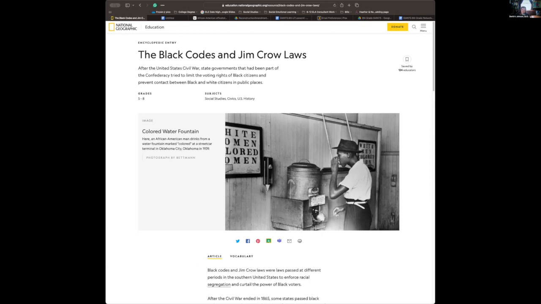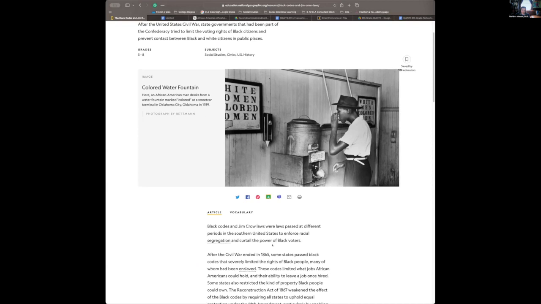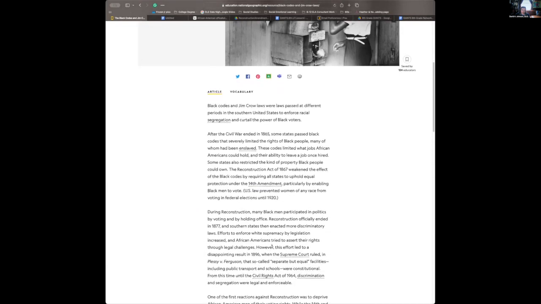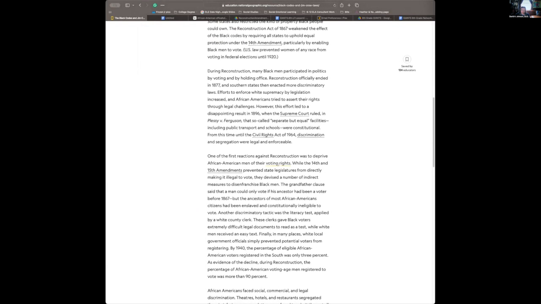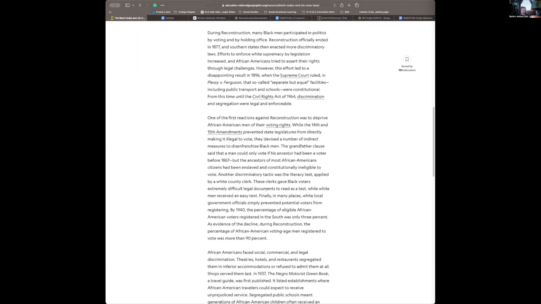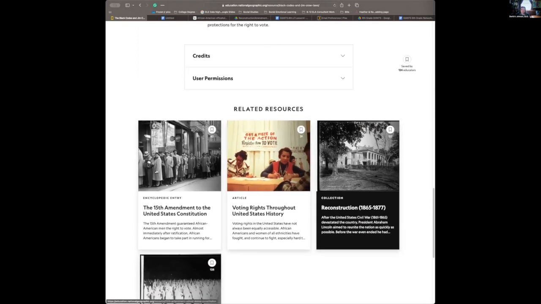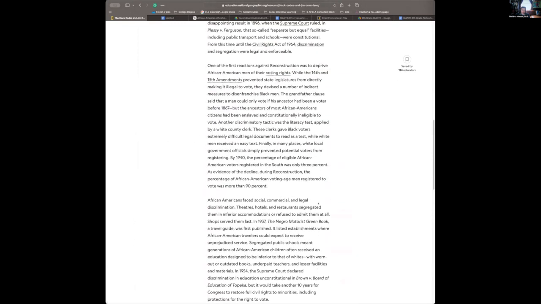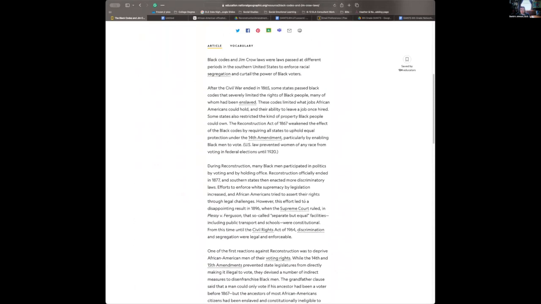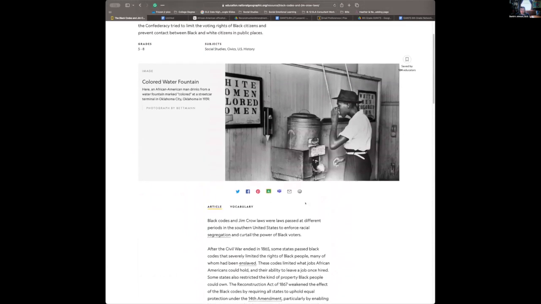What was it? And you can see stuff from beyond this era of US history as well. They can click into some of these things and learn a little bit more about voting rights, and again, the different constitutional amendments. And there are some related resources down at the bottom, but let them read a little bit about it and grapple with what all of this means.